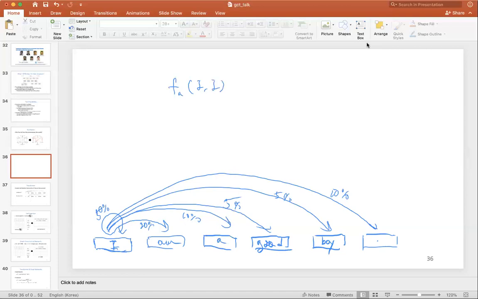Because it is attending to itself 50% of the time, the attention strength applied to itself is 50%. So F_A(I, I) is 0.5, and F_A(I, M) is 20%. F_A(I, A) is 5%.